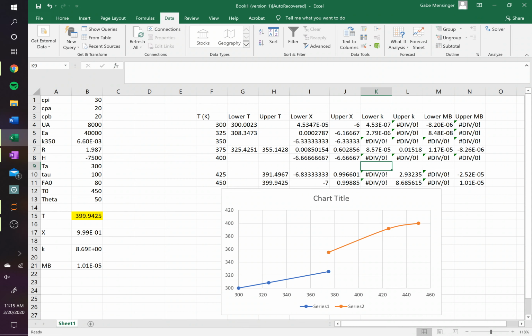Like on the lower bound, let's pretend the answer is 415. Let's say 416, if you were to try to solve it on the lower bound, it won't solve anymore, is what's going to happen.